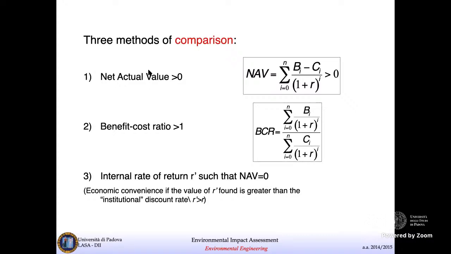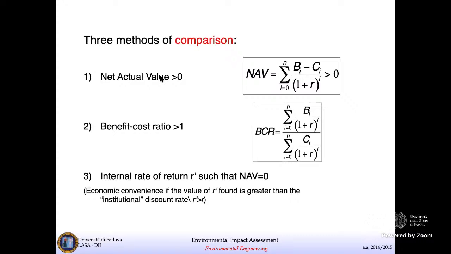The inversion point for these three indicators is: net actual value positive. If the net actual value is positive, then the project is suitable and may be approved. Similarly, if the benefit cost ratio is greater than 1, this means that the benefits are larger than the costs, and the project is applicable.